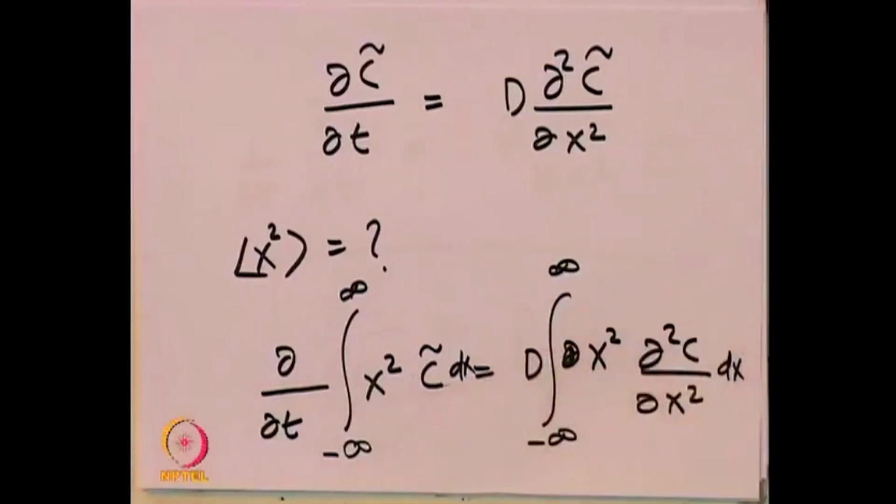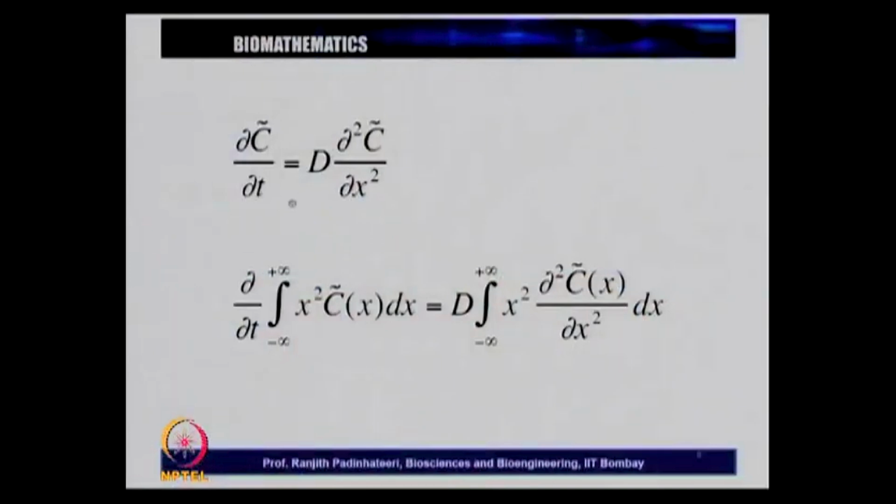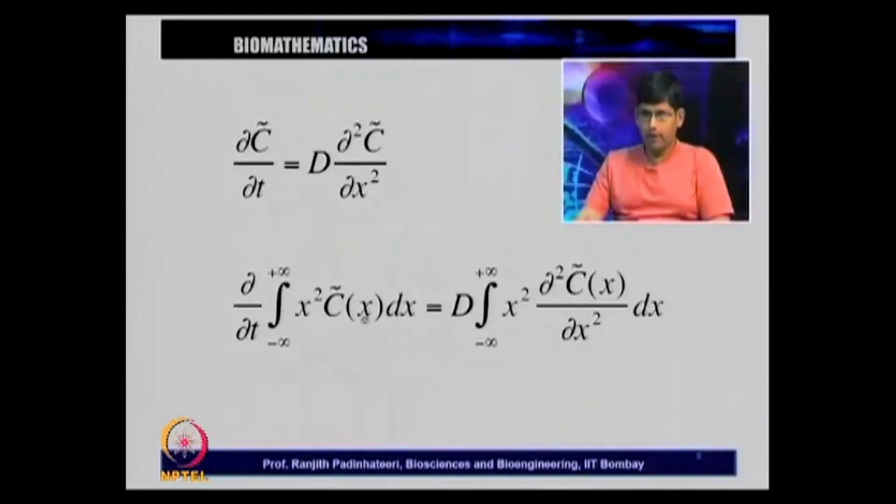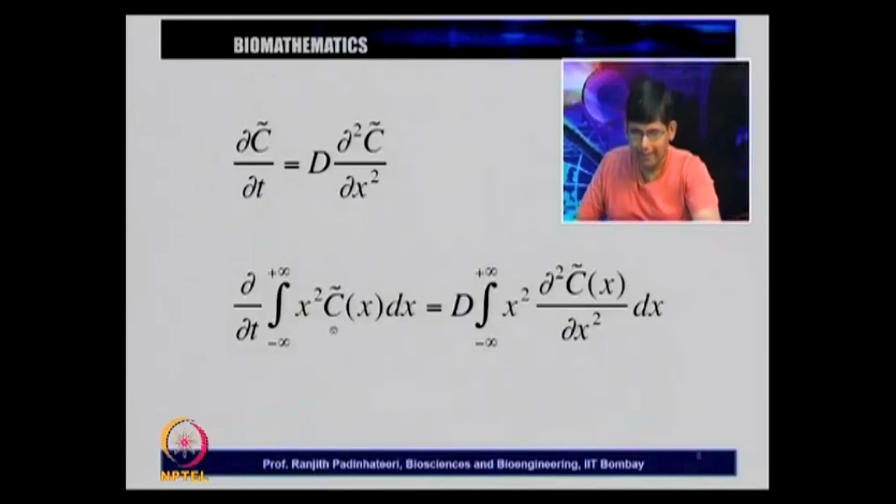So, I have this kind of an equation. So, what do we have? What did I do? I had this equation, I multiplied both sides with x square and I integrated with dx. This is what I did. Okay. So, let us write it down once more to be clear.